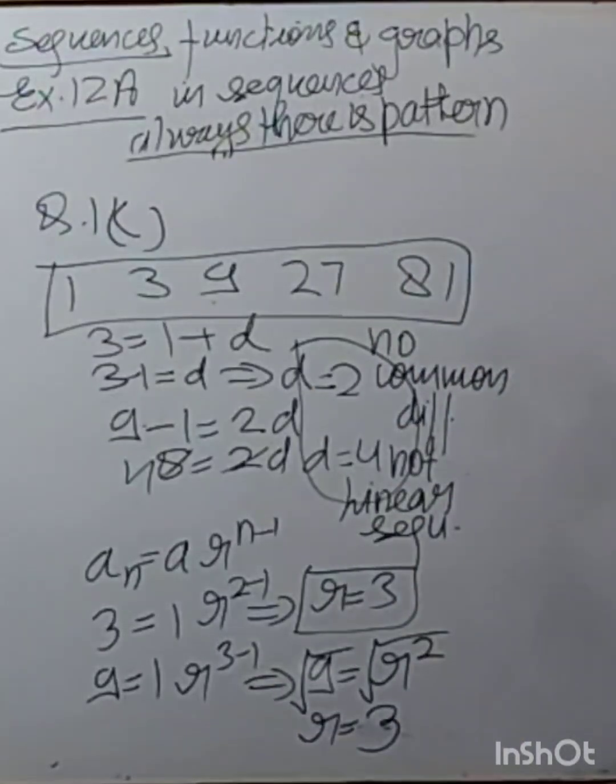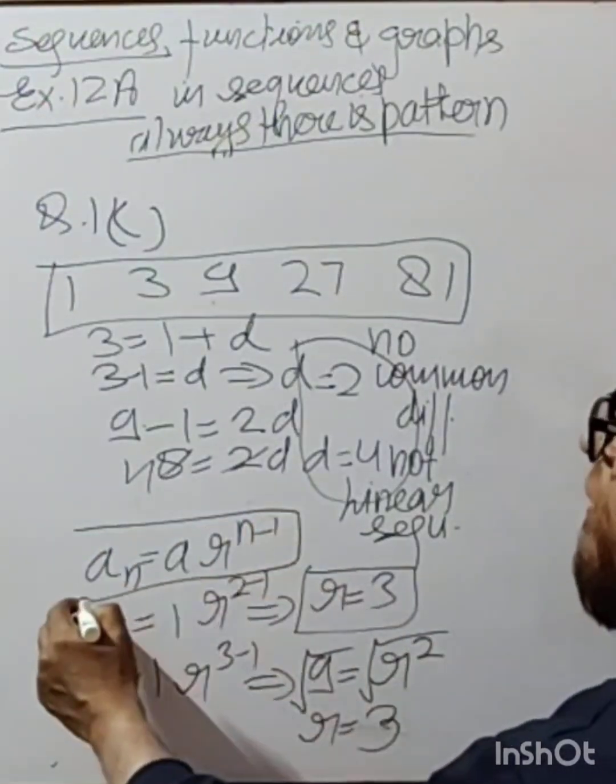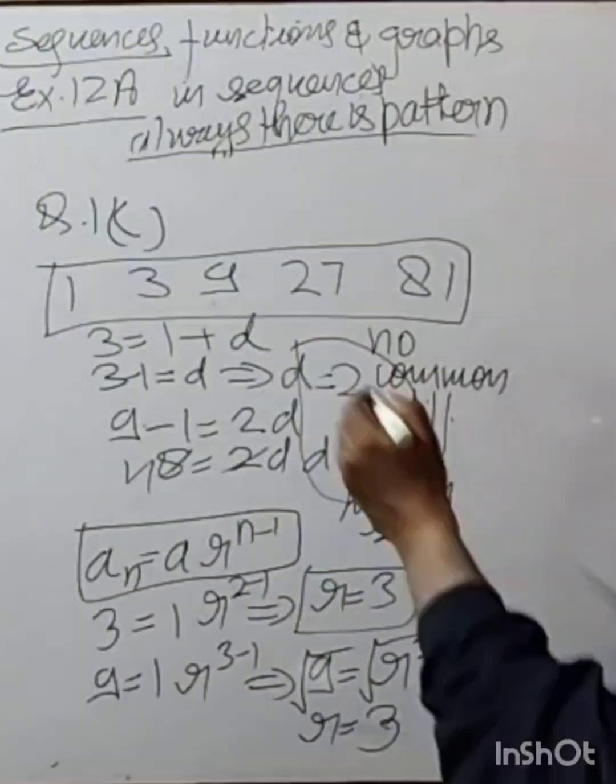You get this? Suppose we take one more. This is the formula for geometric progression.